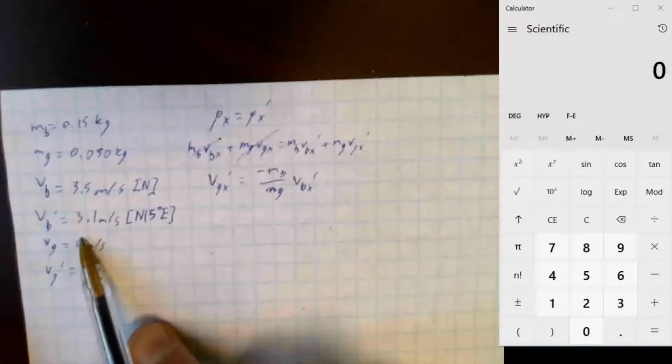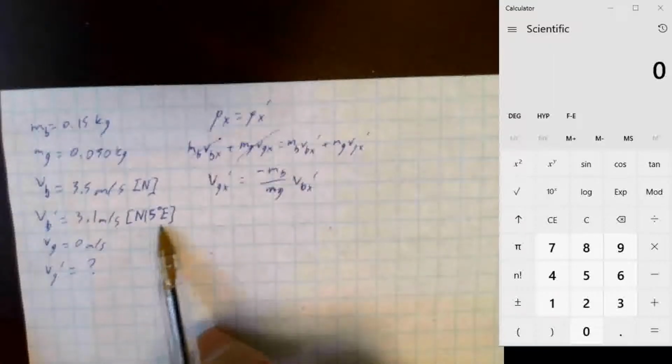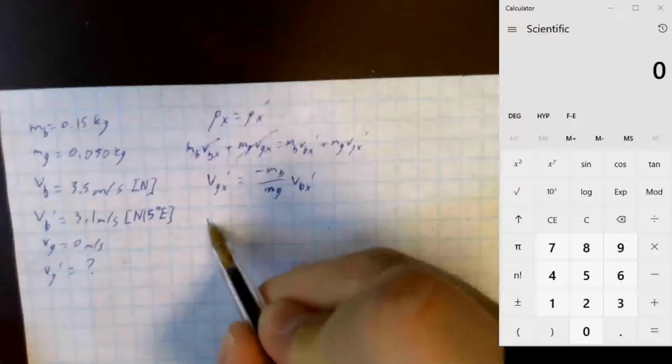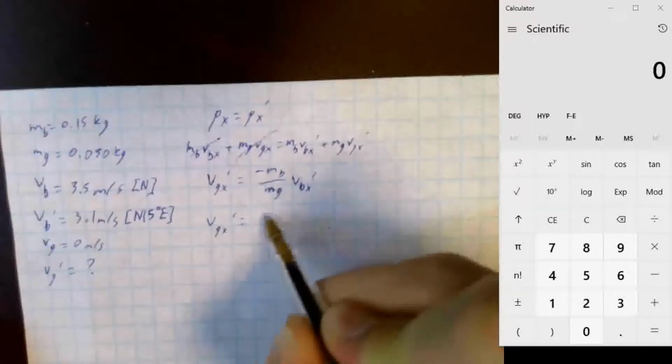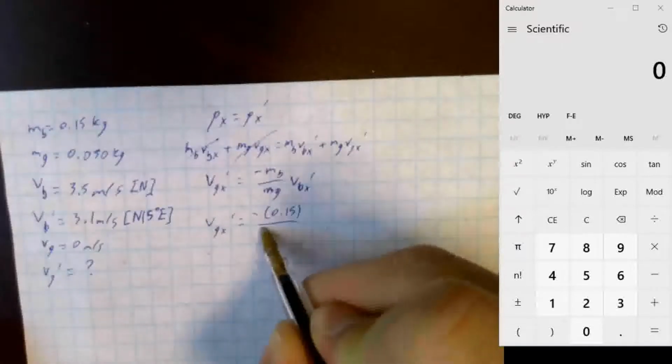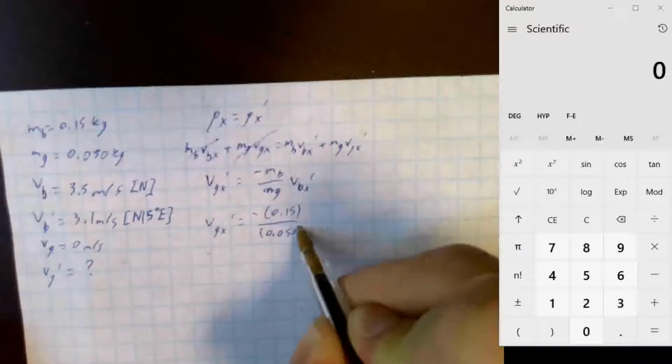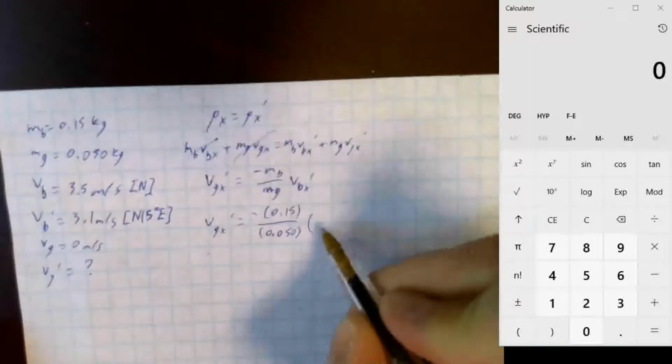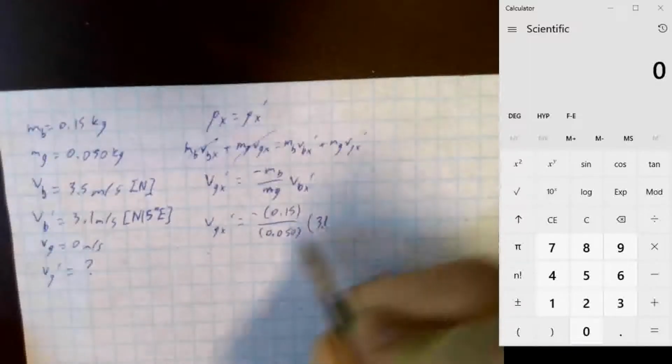And I know my v_bx prime from this, so I can actually continue to calculate this. So let's see. v_gx prime is equal to negative 0.15 over 0.050, and then it's 3.1.